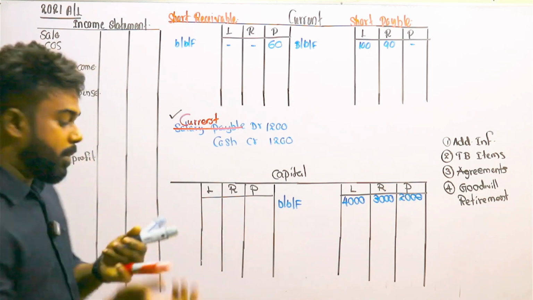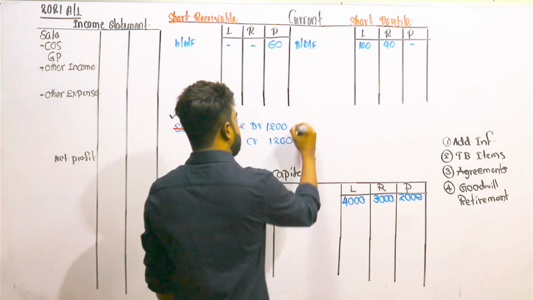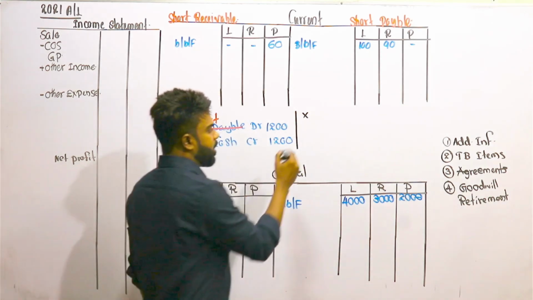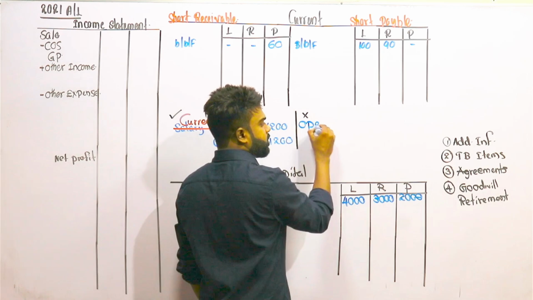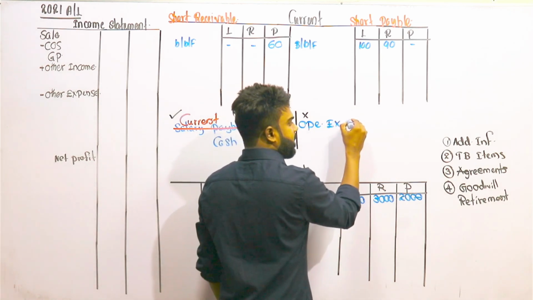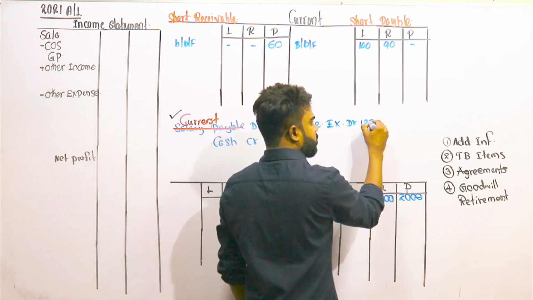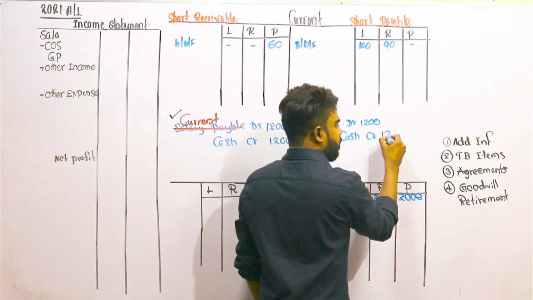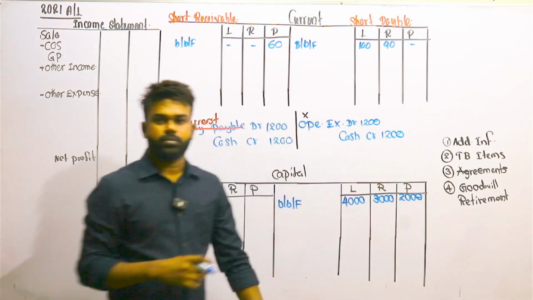Clear? But what have they recorded? Incorrectly, they have debited it to operating expenses: operating expenses debit 1200, cash account credit 1200.